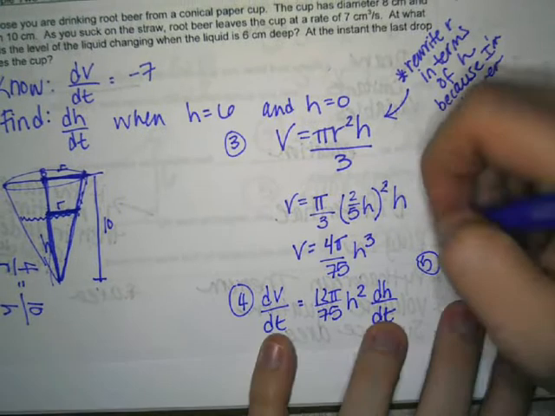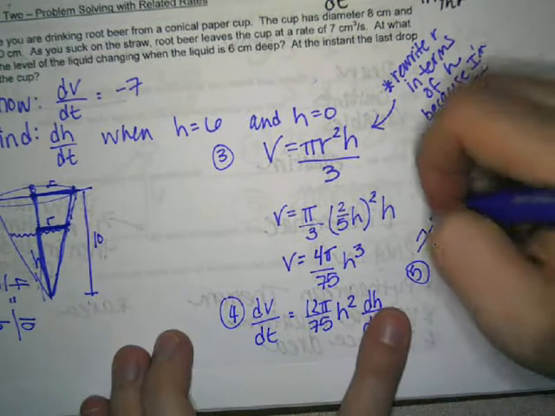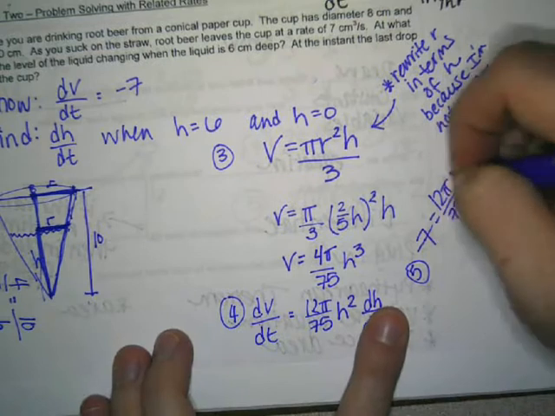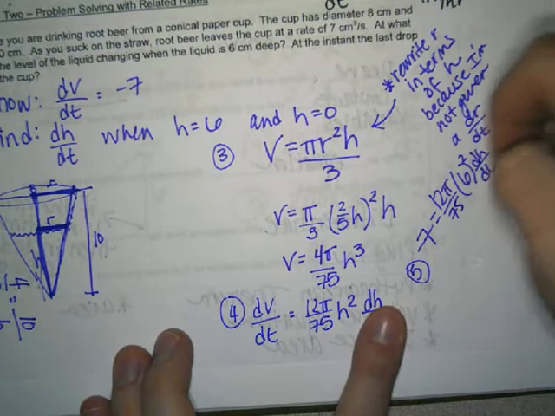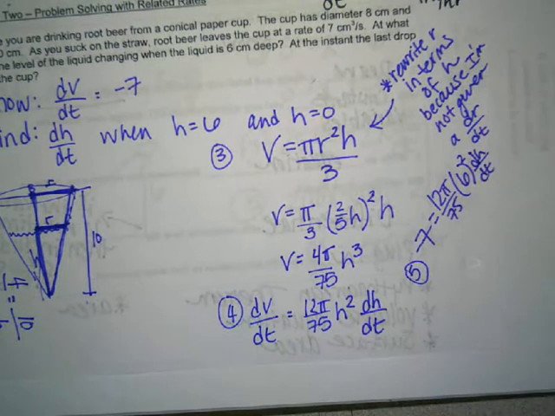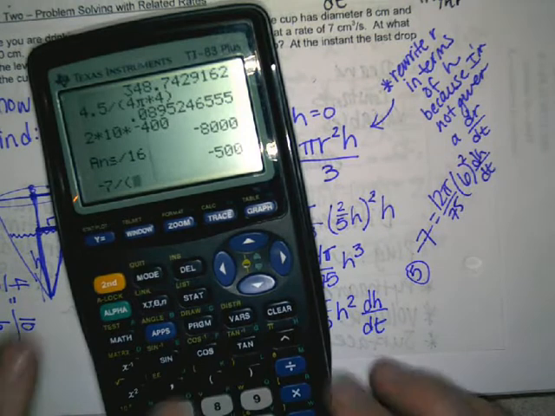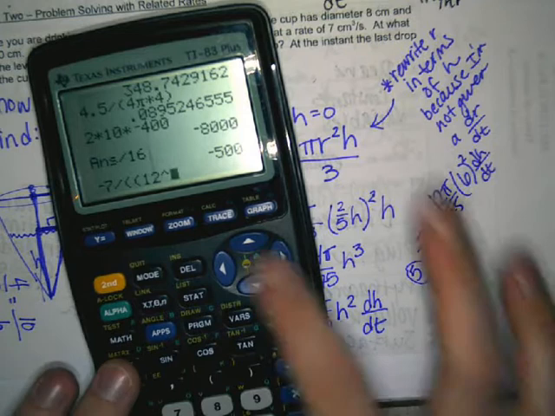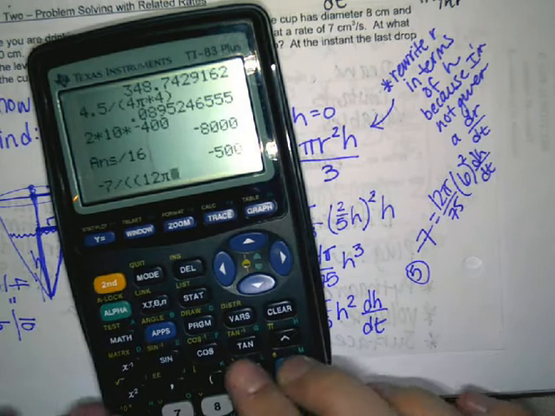Alright, so I'm going to put in negative 7 for dv over dt. We have 12 pi over 75 times 6 squared dh over dt. And so in the calculator, you're going to divide negative 7 by a whole mess of things there. 12 pi over 75.